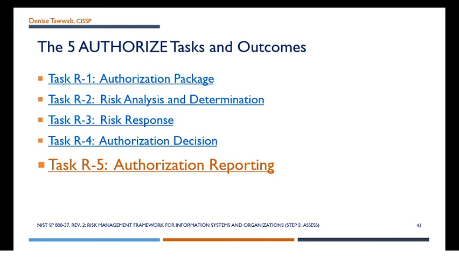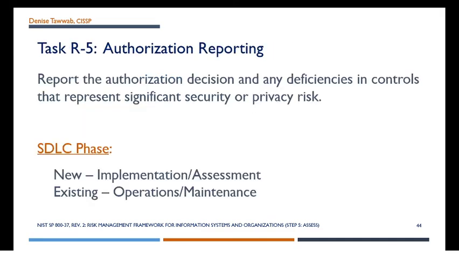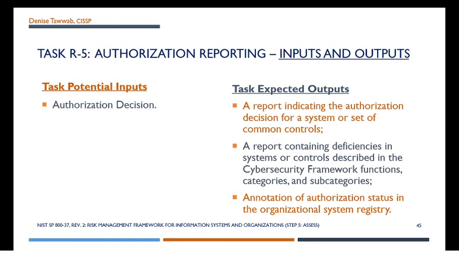It is the fifth and final task in the authorize step of the risk management framework, and it's authorization reporting. In the authorization reporting task, you report the authorization decision and any deficiencies in controls that represent significant security or privacy risk. Inputs to authorization reporting is going to be the authorization decision.